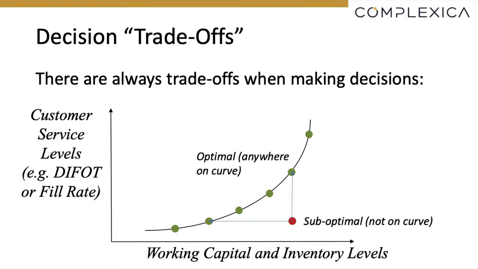Decisions typically involve trade-offs, and that's why decisions are ultimately made by human beings, with machines and artificial intelligence algorithms doing the grunt work behind the scenes so that a human expert can make the best decision, an informed decision.